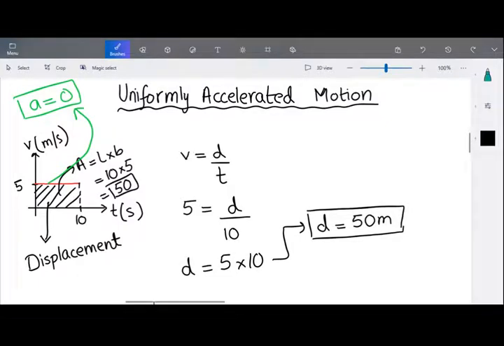So this has all been O-level physics so far, and let's build upon this knowledge and talk about a case where the object actually accelerates, which is to say that its velocity increases, or it can decrease as well. But let's talk about a general case over here, and let's label the axes again.